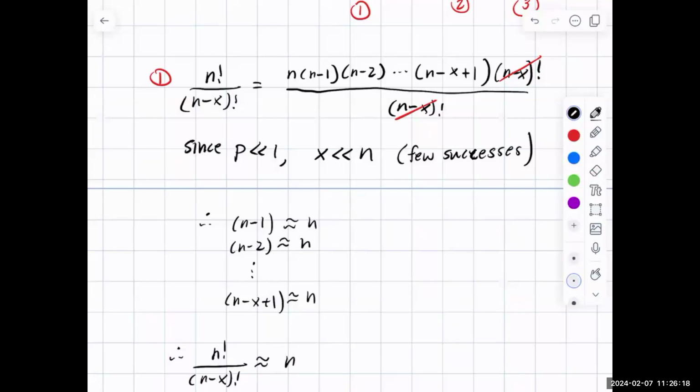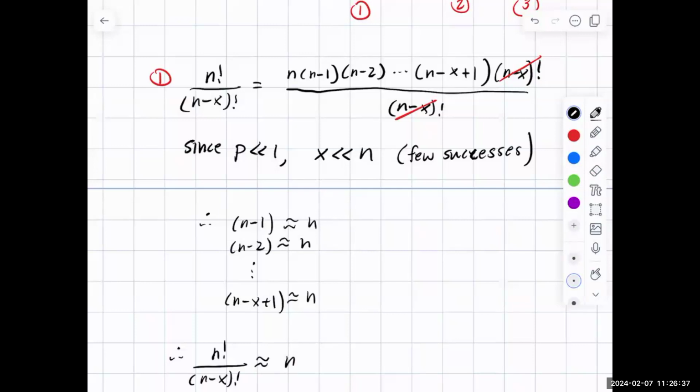can anyone say how many there are? So there is 1, 2, so let's see, starting from 0, we go N minus 0, and then minus 1, minus 2, and then minus X plus 1.